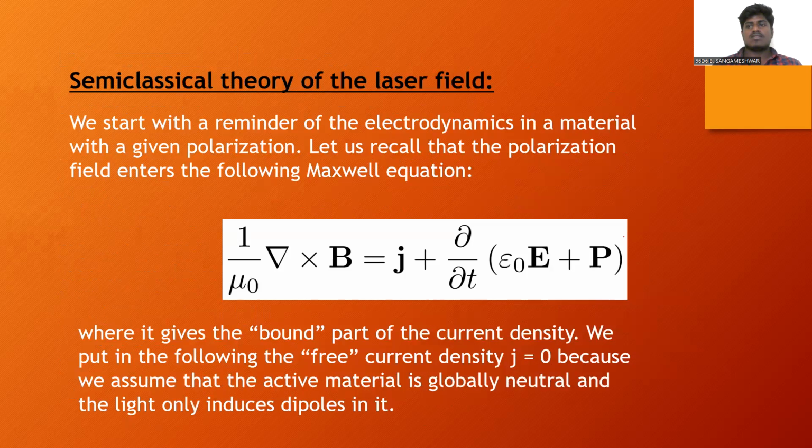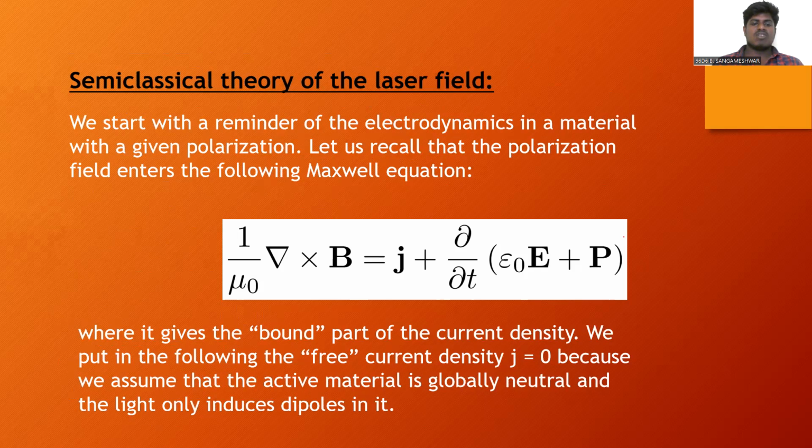Semi-classical theory of laser field. We start with a reminder of the electrodynamics in a material with the given polarization. Let us recall that the polarization field enters the following Maxwell equations: 1 over mu naught of curl B equals J plus the time derivative of epsilon naught E plus P, where J is the bound part of the current density.